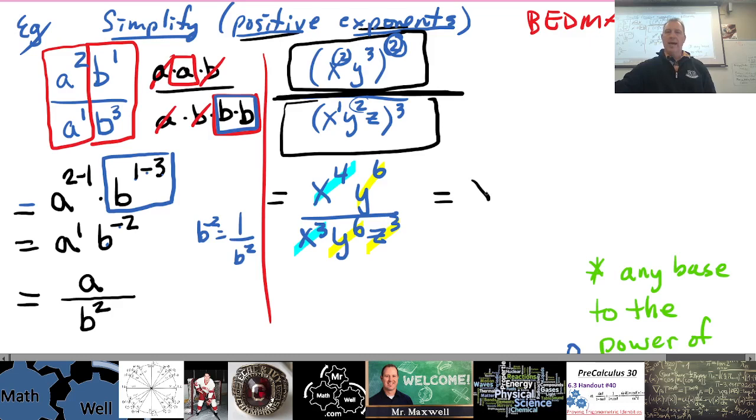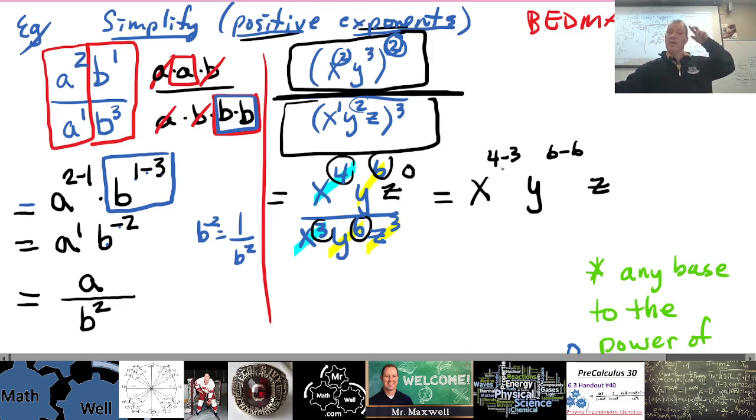So this is x to the 4 minus 3, times y to the 6 minus 6. Z, now, okay, what? Well, if there's nothing there, technically, that's a z to the power of 0. So if you want to understand this in terms of your exponent rules, that's z to the 0 minus 3.